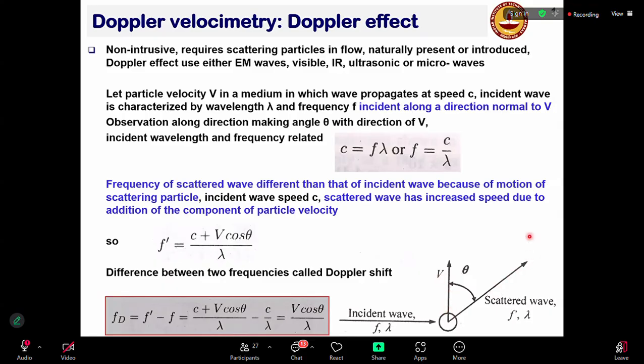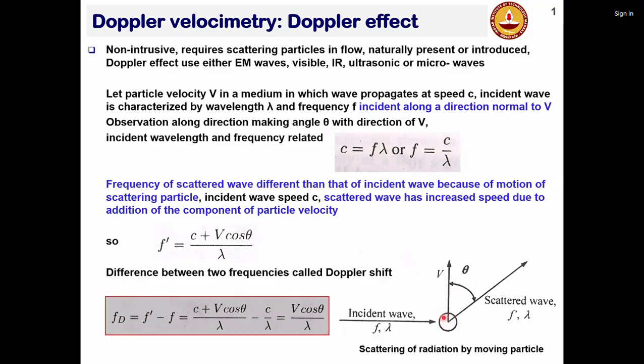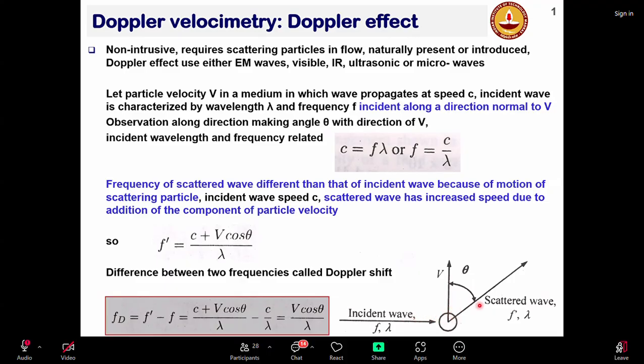The scattered wave is collected using a detector at an angle theta with the direction of velocity of the particle. So you can always have the component of the velocity along the incident wave as well as along the scattered wave.